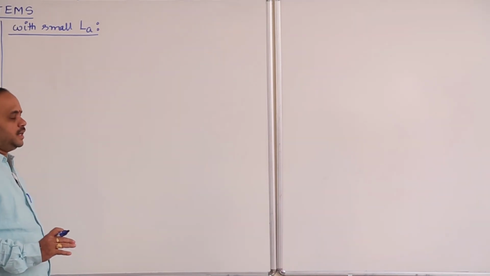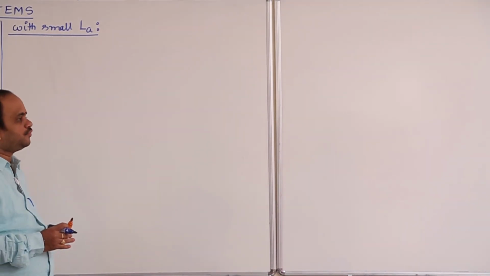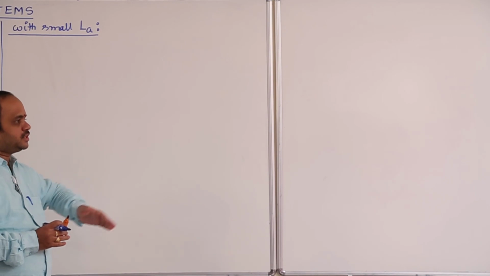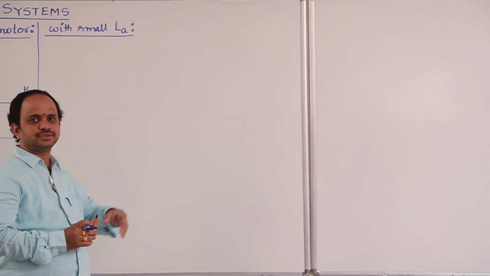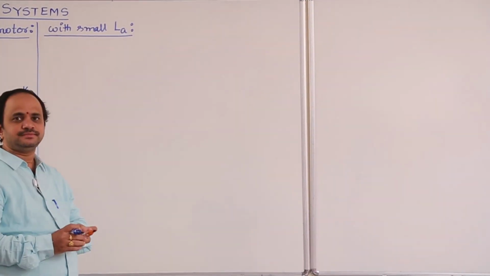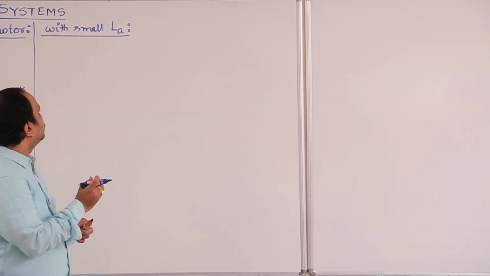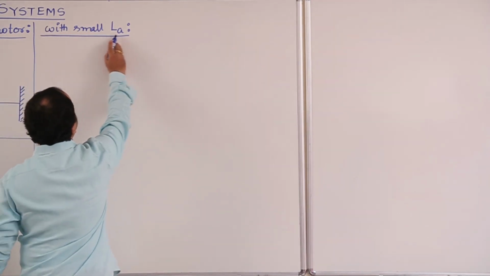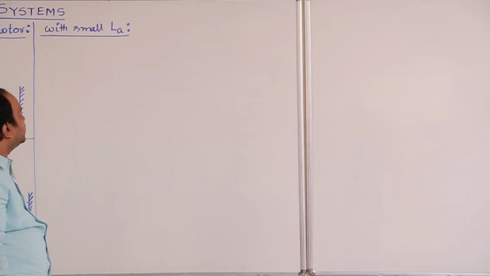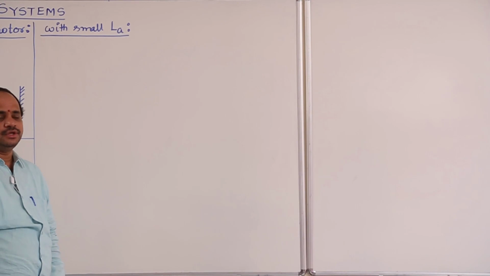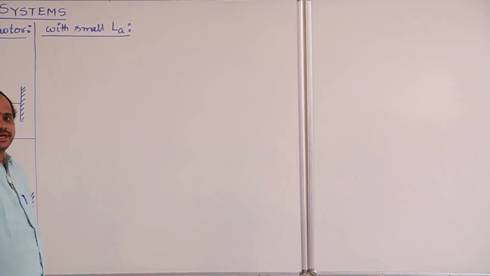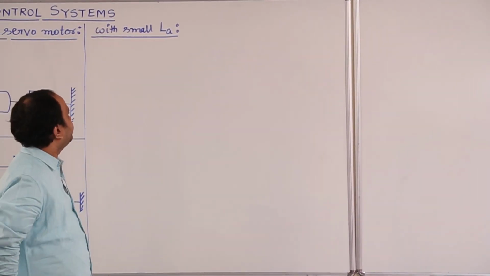Next, let us look into how to find the machine constants, some typical ratios we have seen in the transfer function, how to find them from the characteristics. For that, let us continue with this assumption. While deriving the transfer function, we assumed that armature inductance is very small.